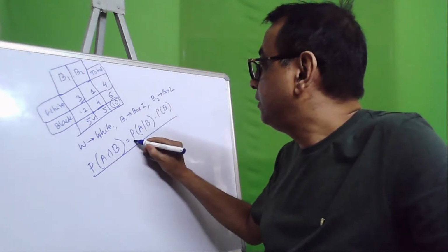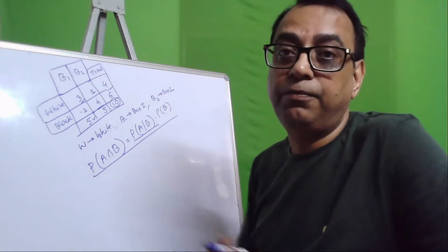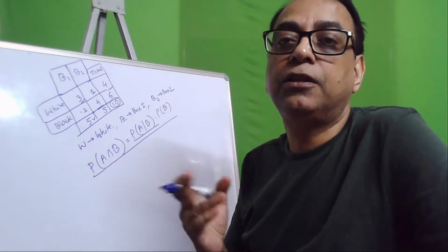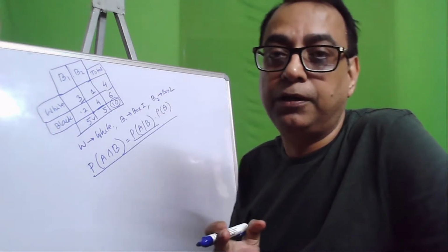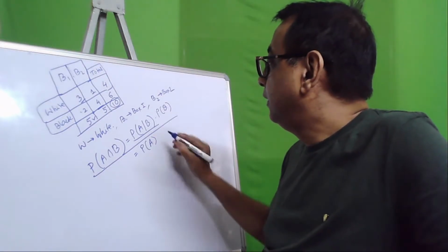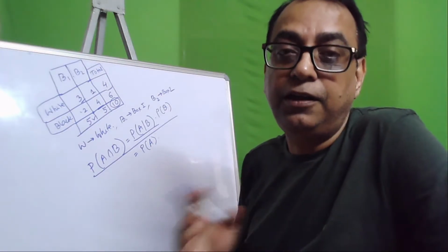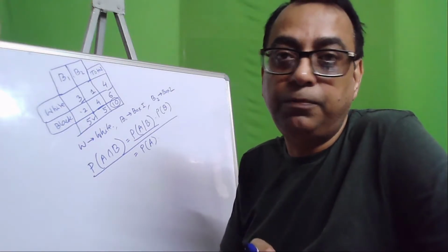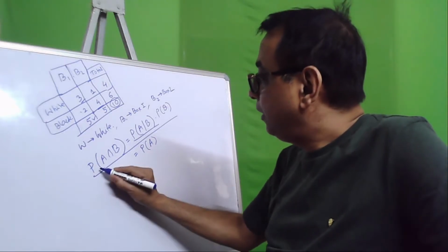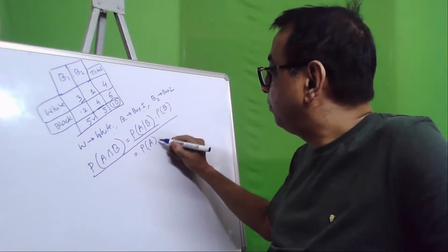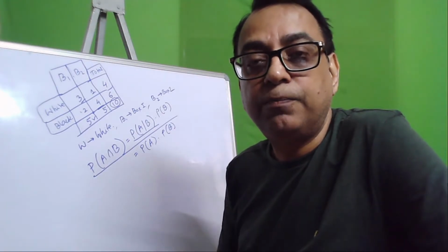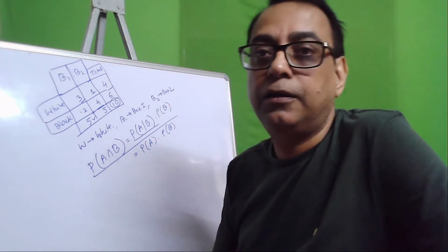For example, here probability of A given B will not be impacted by the condition that B has happened, so it will become probability of A. Then A and B will be independent when there is no impact of B on A. So probability of A intersection B will be probability of A into probability of B. This is when the two events are independent.